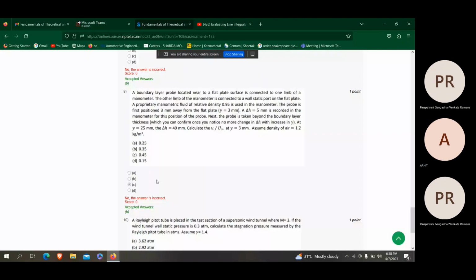I will also share my screen, but before that, I just want to take the screenshot.